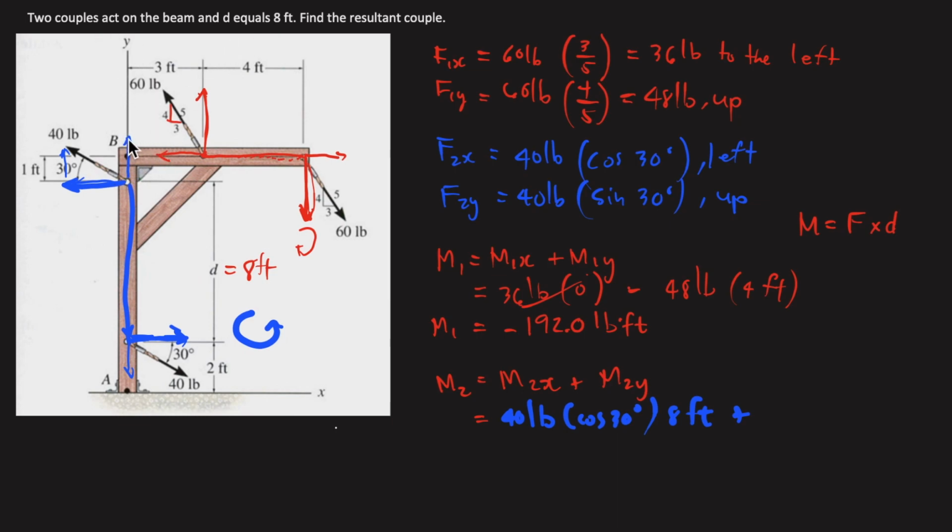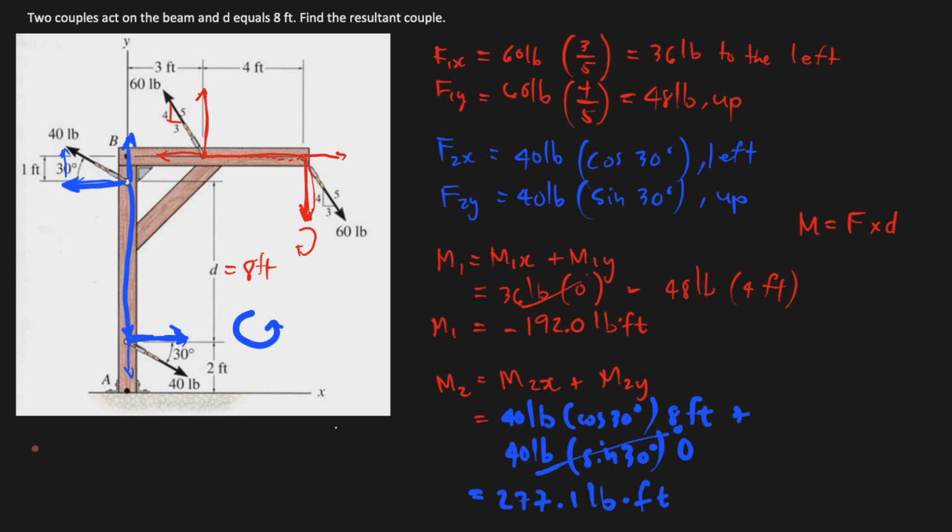That's why it's positive. Now plus, let's look at the y component of M2. We will use the y component of the force, which is 40 pounds sine 30 degrees. Now we will get the perpendicular separation distance between the two. Again, since they are lying on the same line here, they don't have an x component separation, which gives us a 0 for this term, and that is equal to 277.1 pound feet.